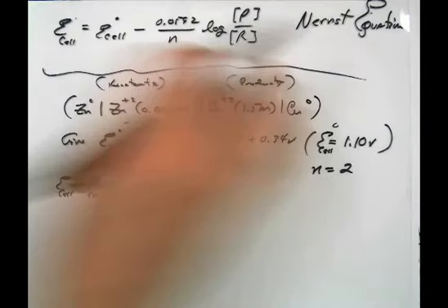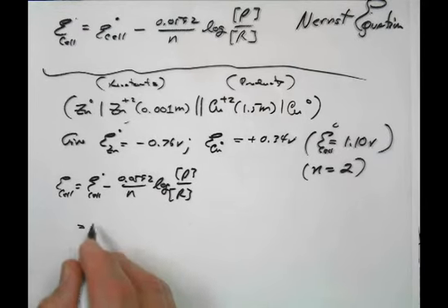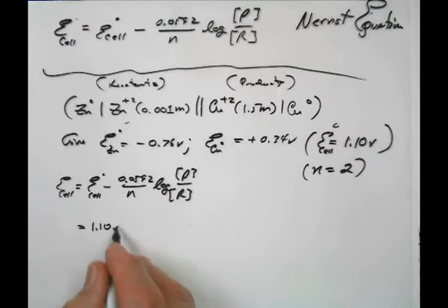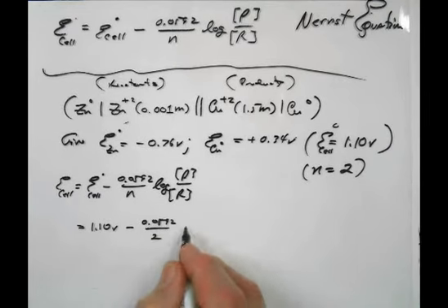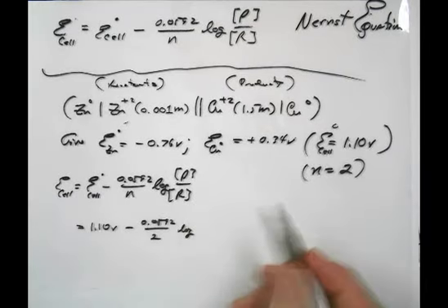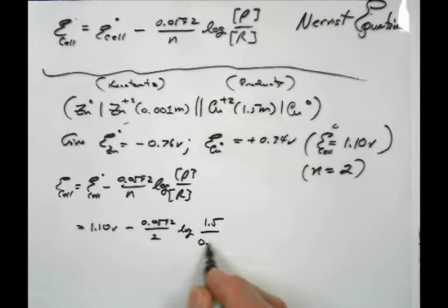So now you have all of the necessary data to plug in, punch it in your calculator, and you find out your non-standard potential. Comes out in volts. Okay, so here is 1.10 volts minus 0.0592 over 2 log. The product side is 1.5 over 0.001.